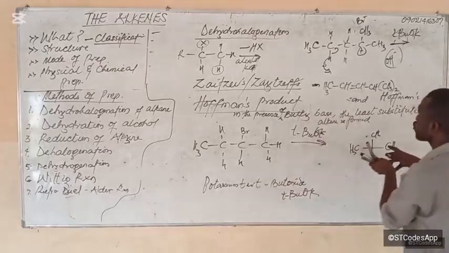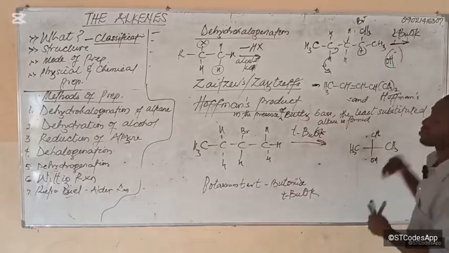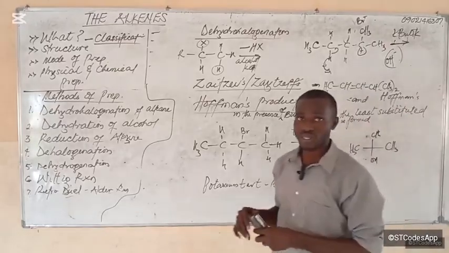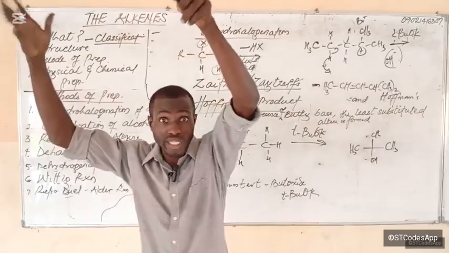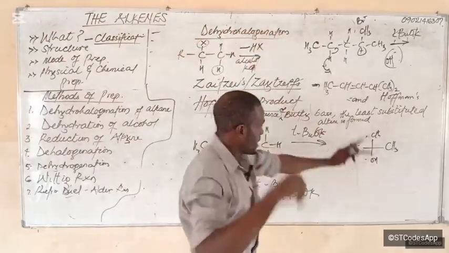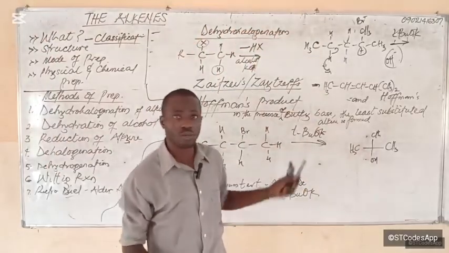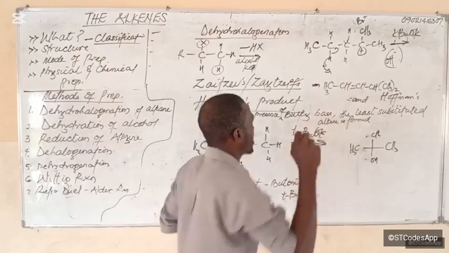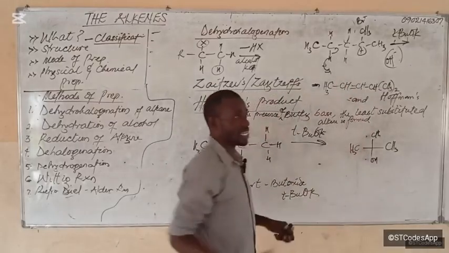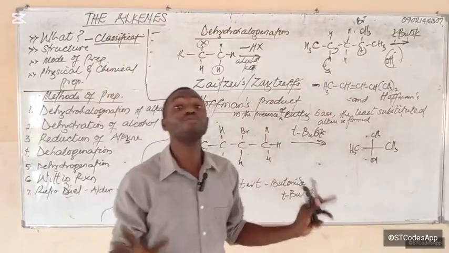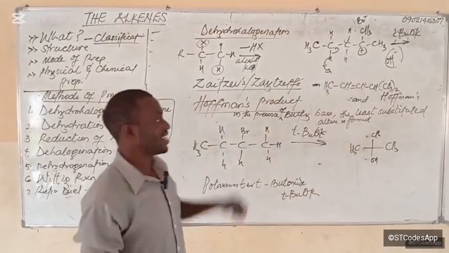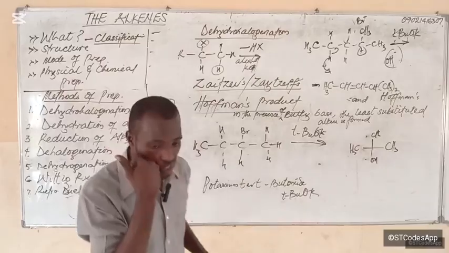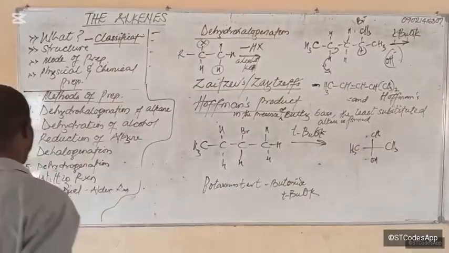Because of that steric hindrance, it cannot approach another bulky group, because there is a bulky group in the most substituted position, right? And there is a bulky group here in the base that is approaching. So because of that, it's not easy to approach. And then because of that, it will easily just take the hydrogen that is closest, that is easiest to take. Any available hydrogen. Does that make sense? All right. So that's that on dehydrohalogenation.